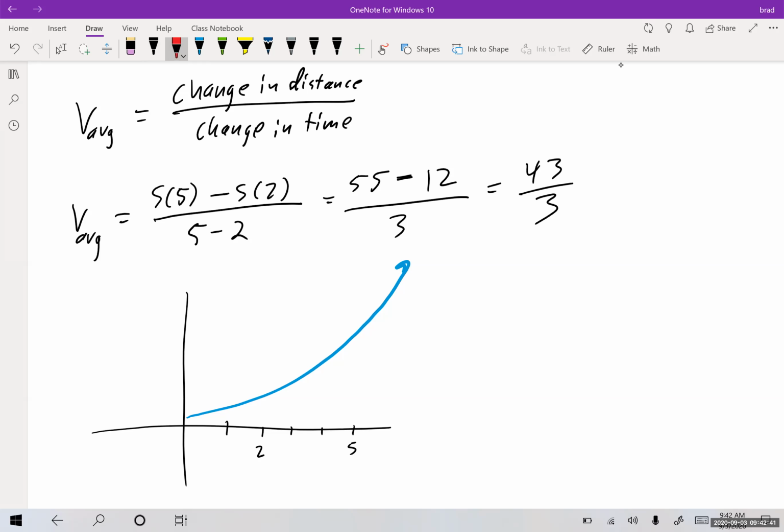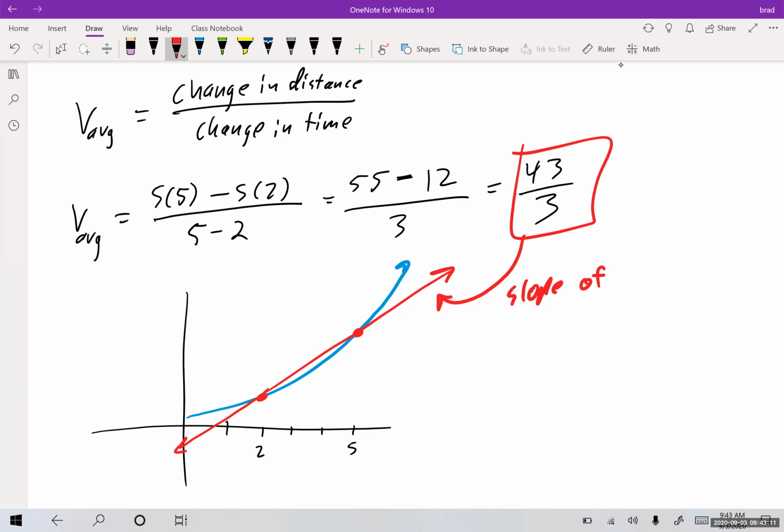What we did is we found our height right here, and we found our height right here, and then we found the average of that. So this is technically 2 points, and we found a secant line. Oops, that's a really bad secant line. And as it turns out, this 43 over 3 is the slope of the secant line.